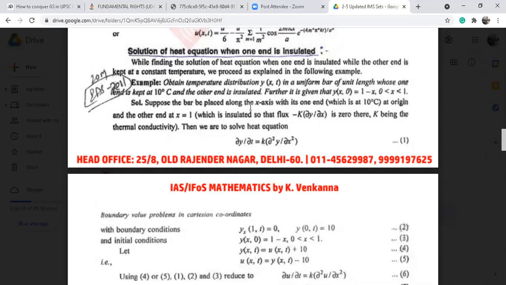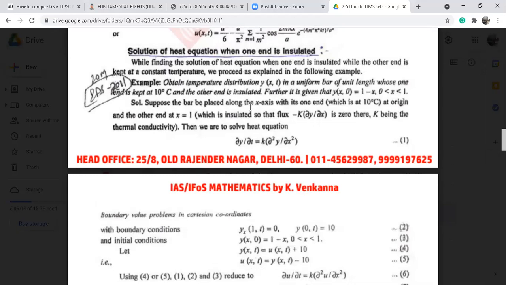Okay. So there are two things. The first is the end temperature is non-zero, that is, you have 10 degrees centigrade at the end. The second is the other end is insulated.